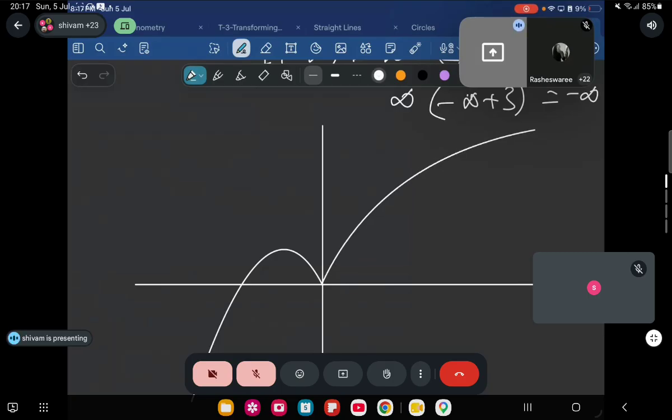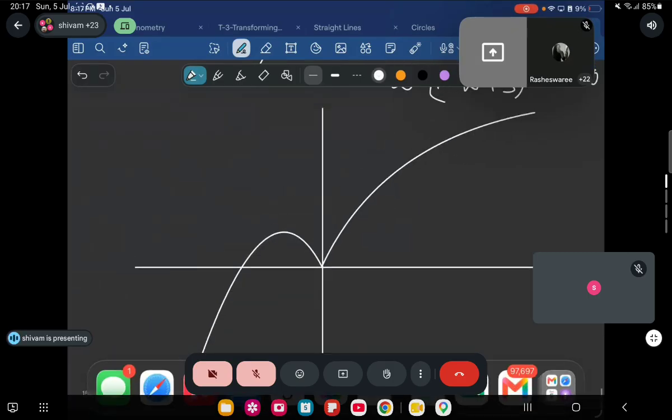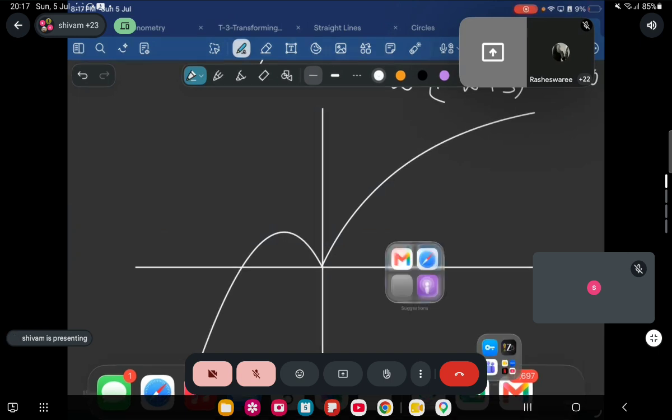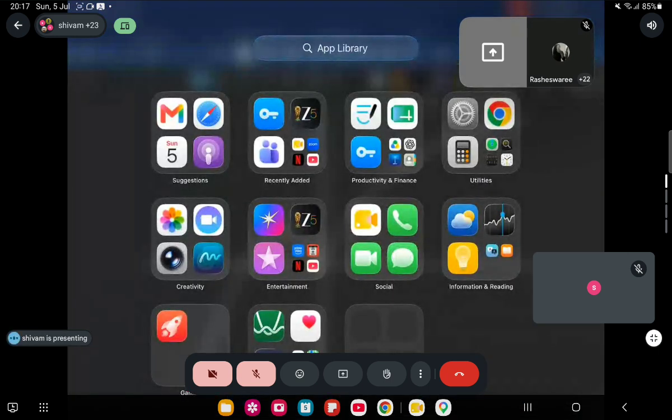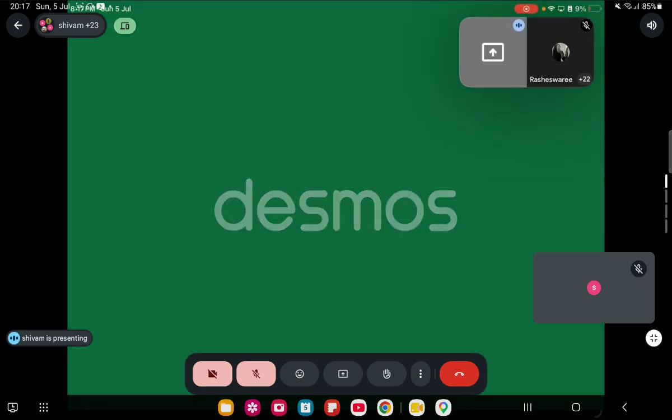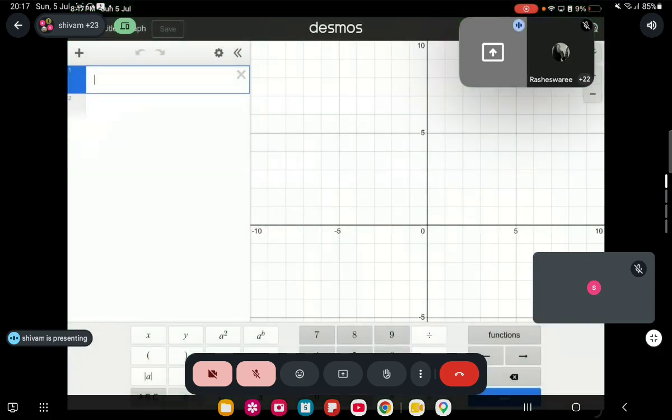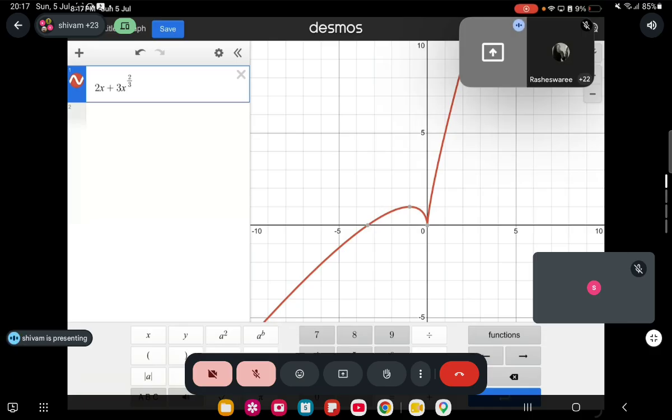Can you people understand? Let us check once whether this is the graph or not. What was the equation? 2x plus 3x to the power 2 by 3. Yes, everyone. See.